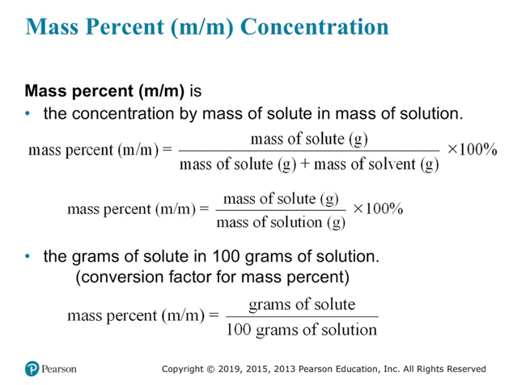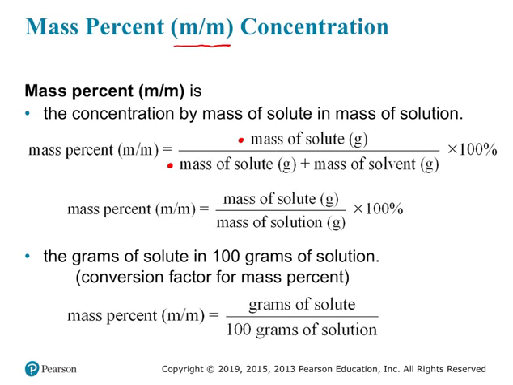Okay, so the first type of concentration is called a mass percent concentration. Mass percent is abbreviated as M over M, and the mass percent is equal to the mass of your solute in grams over the mass of the solute plus the mass of the solvent in grams.